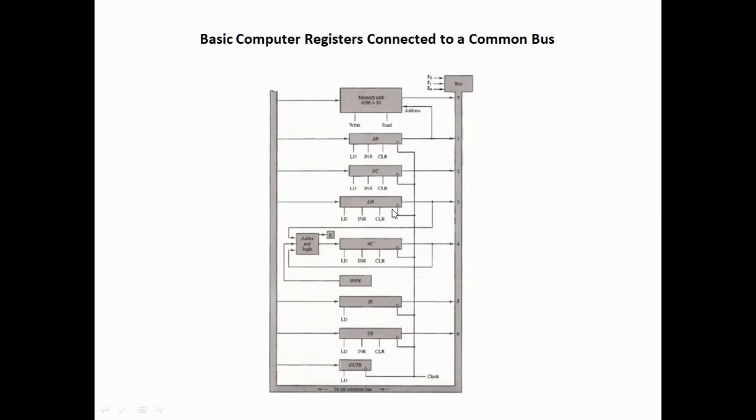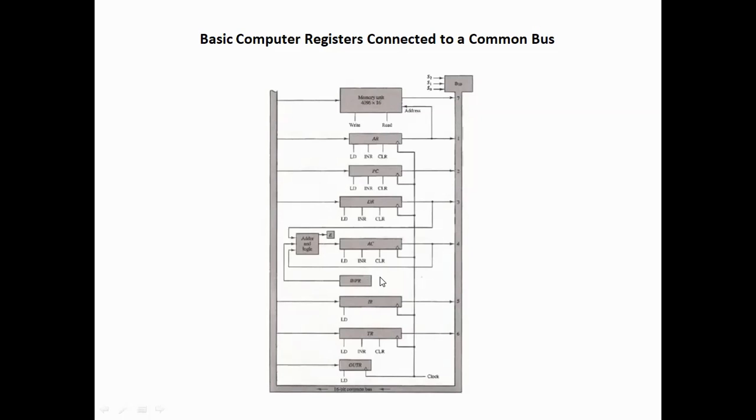Now we can see here that every register is connected to this bus except INPR, and this is an input register. It obviously will take its value from some other place, maybe from the keyboard it will take an alphabet.